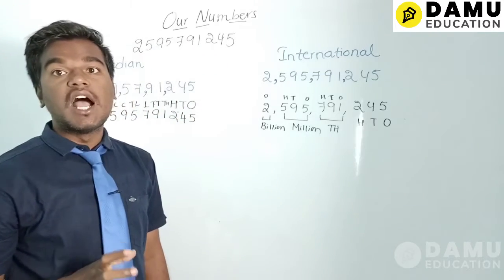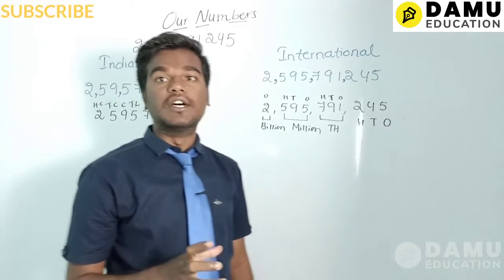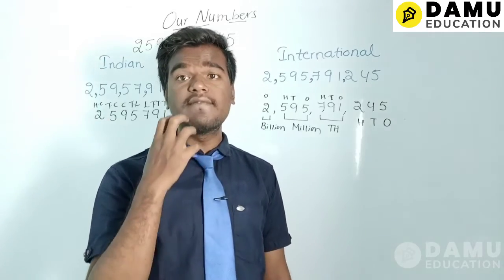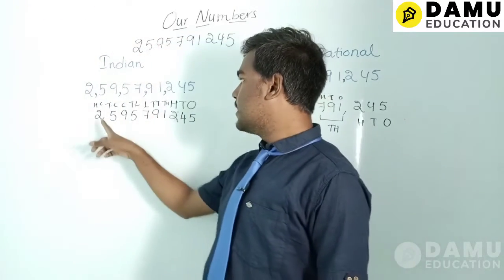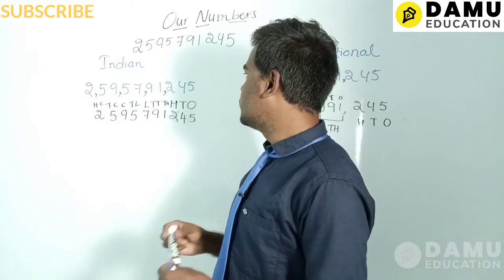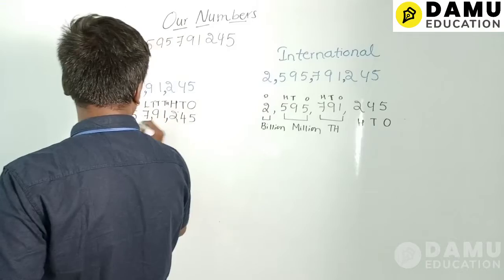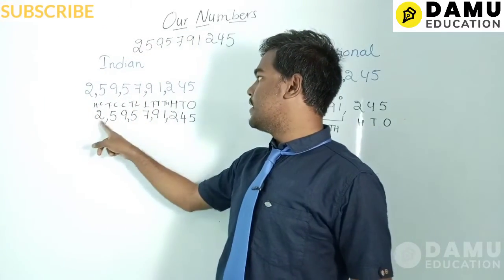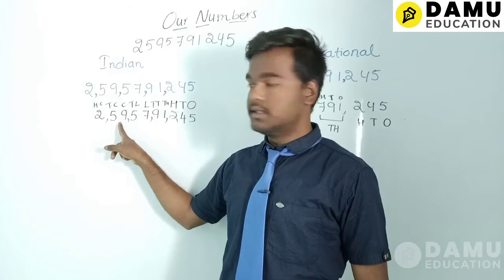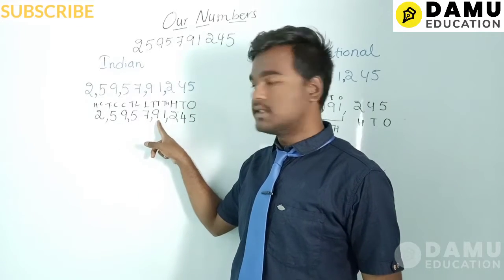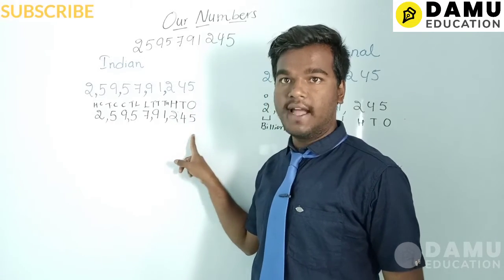I will explain how to write these numbers in the Indian system and the international system. So what is the way to say it here? You can say here 259 crores, put commas also, 259 crores 57 lakhs 91,245.